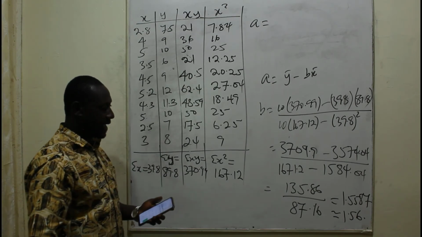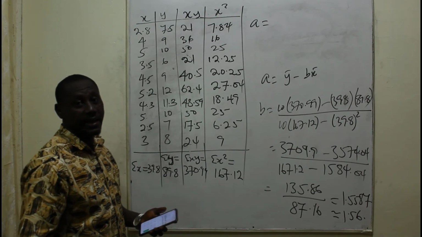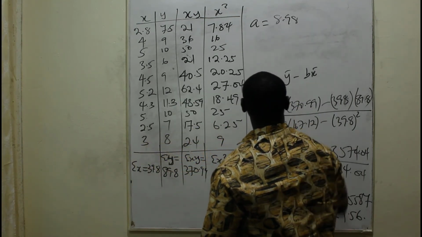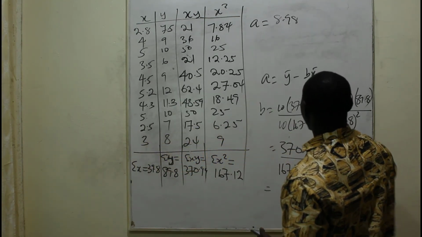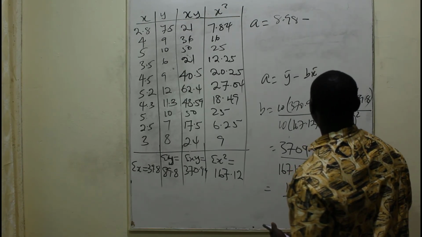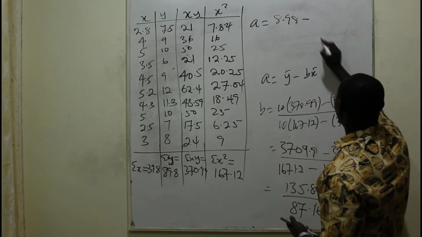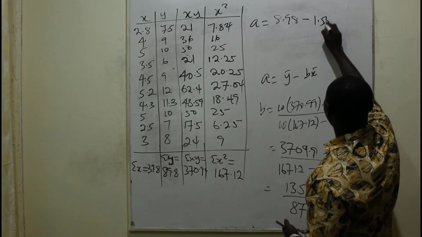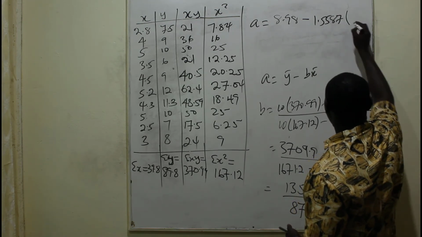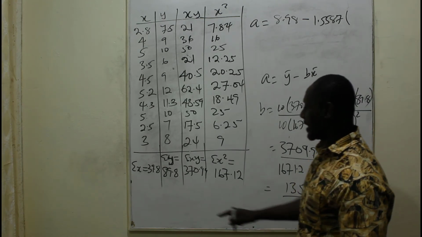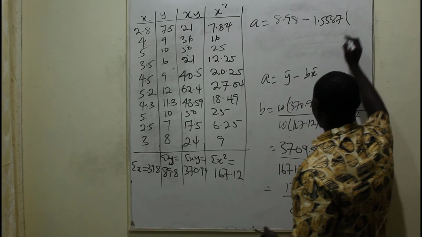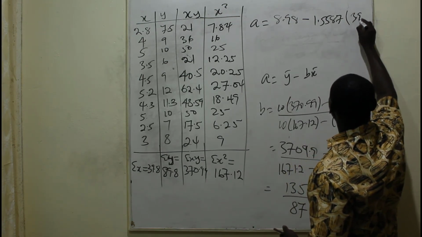So you have 89.8 divided by 10, and that gives you 8.98, minus B, let me use 1.5587, times the x bar. And what is the x bar? That is 39.8 divided by 10, and that gives you 3.98.